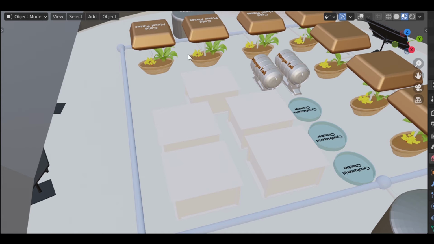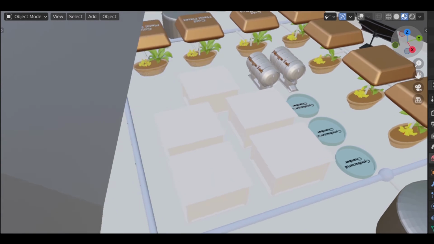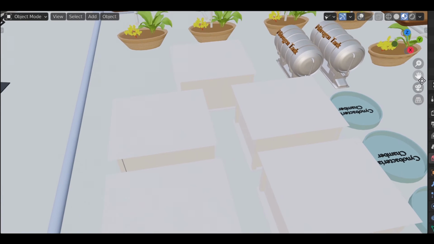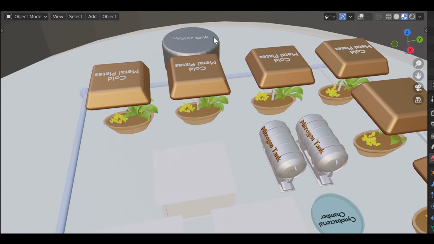We have placed some water tanks, as you can see over here. These two water tanks have been placed, and all the plants and the water tanks are connected using pipes. We have tried to water the plants using the drip irrigation technique. This was all about the plants, nitrogen tanks and cyanobacterial chambers.